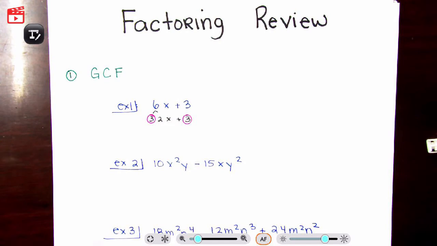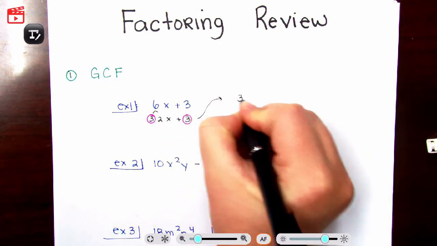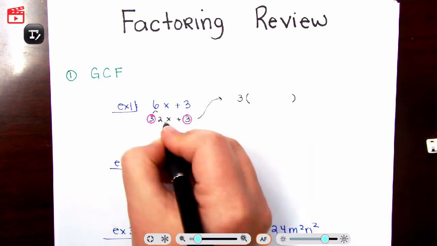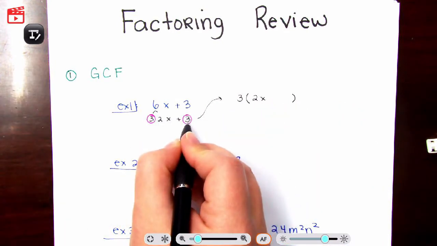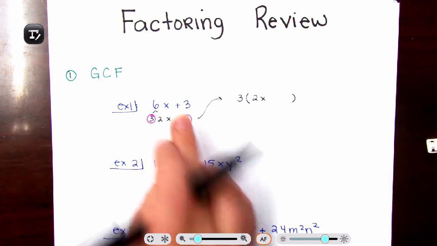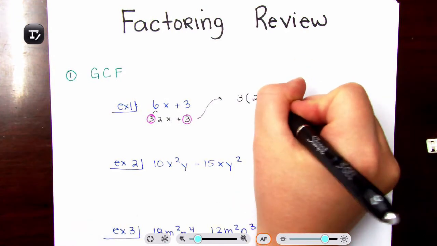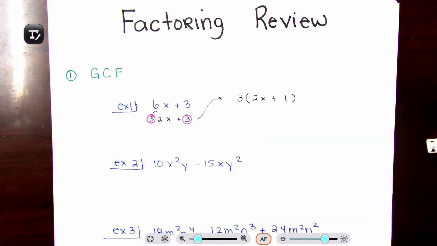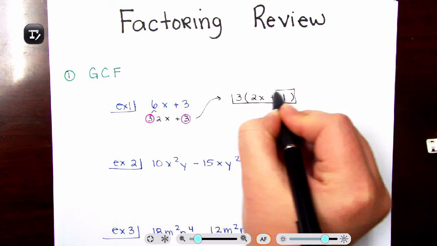So I'm going to factor it out. If I pull out 3, then inside I have 2x left over. And if I pull out a 3, I need a placeholder, because if I put nothing, that means that term didn't exist. But in fact, it still is there. It just is now removed. So I'm going to put a placeholder of 1. And you have now removed your GCF.